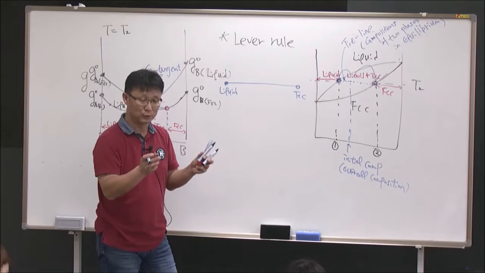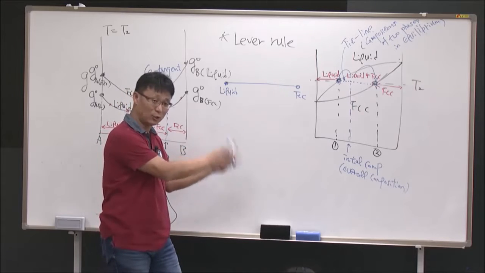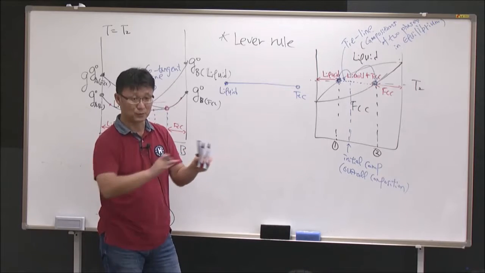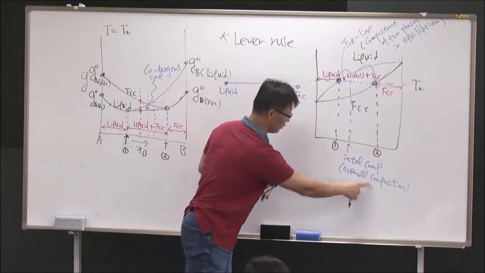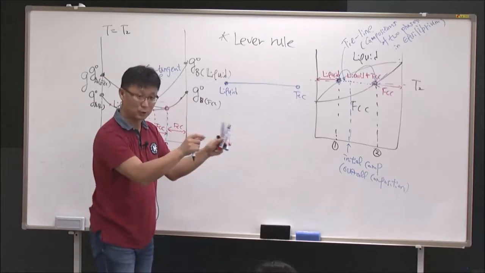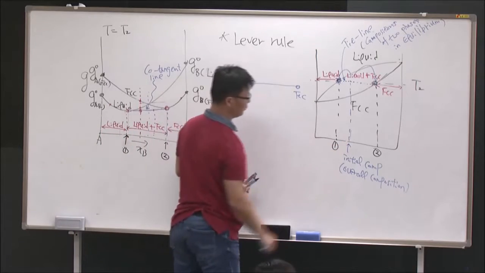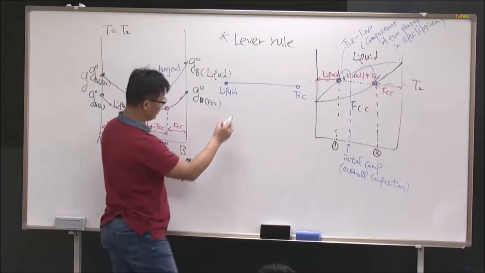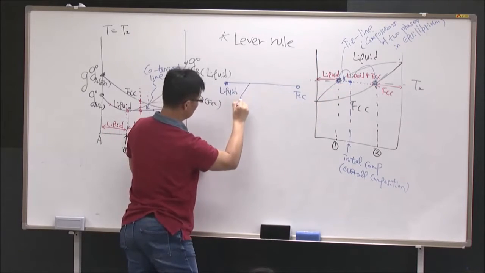But when you say final composition, you might have more than one phase. The final compositions of the solid phase and the liquid phase are different from the final overall average composition. So it's the overall composition, or initial input composition, of A and B. Okay? So let's assume this is my initial composition, and you are just putting that position here.